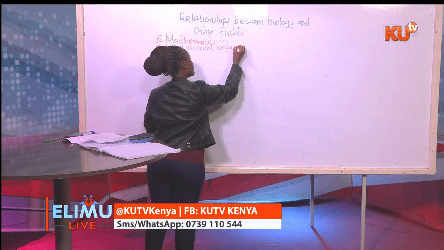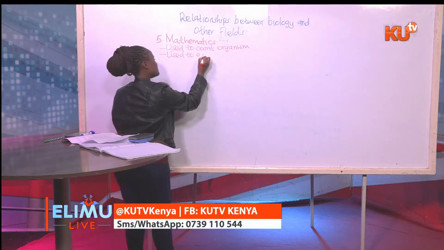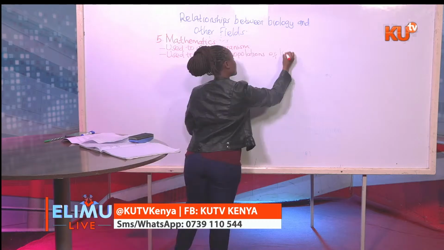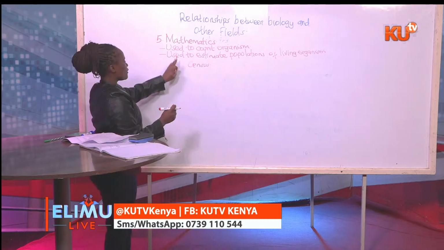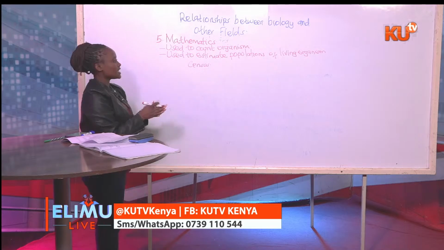It is used to estimate the population of living organisms. In biology, we count the number of living organisms that we have in a certain place. So we use mathematics; we give it out in numbers.